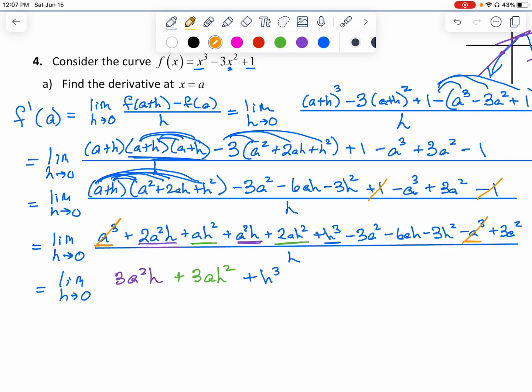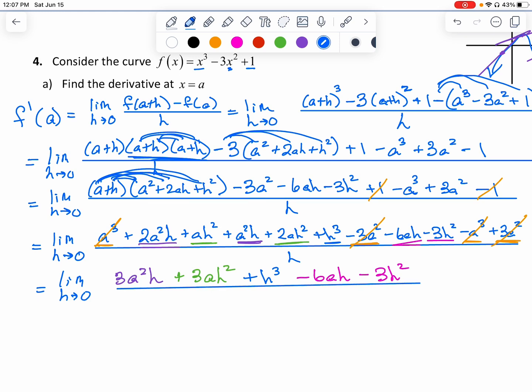And then next I have a negative 3a squared, and I also have a positive 3a squared. So those like terms are opposites that cancel. And then I have a negative 6a h and a negative 3h squared. Neither of those cancel. And there's only one, so there's nothing to combine. So I'll just copy those down.